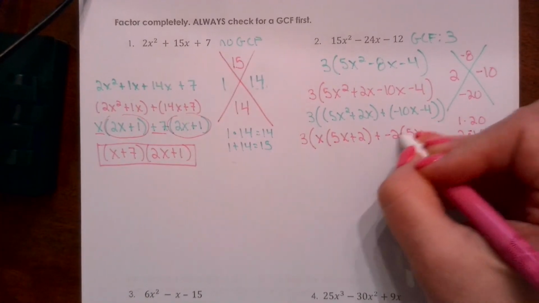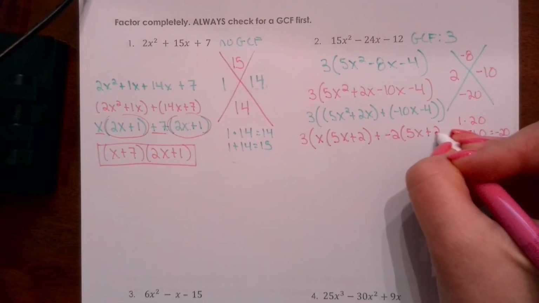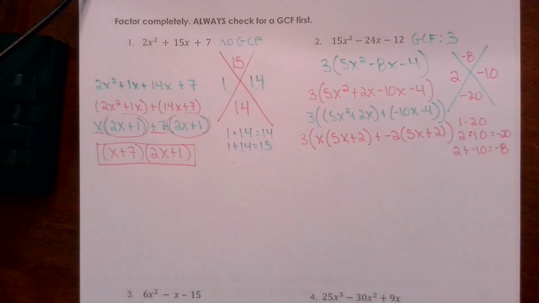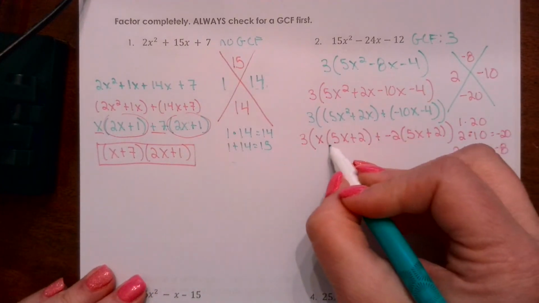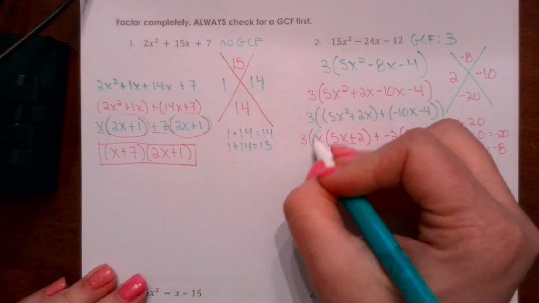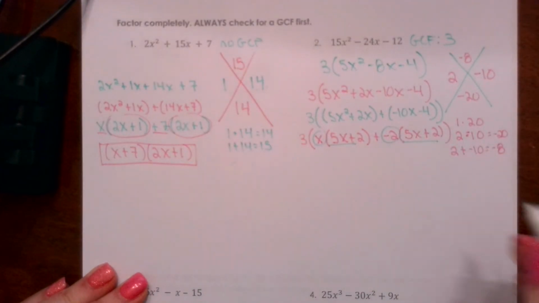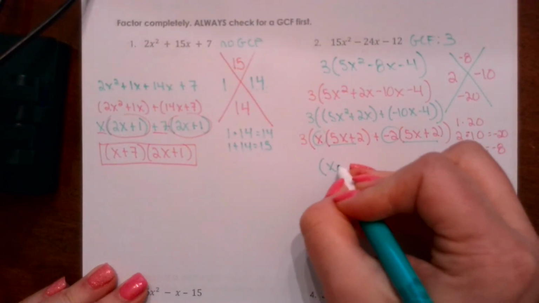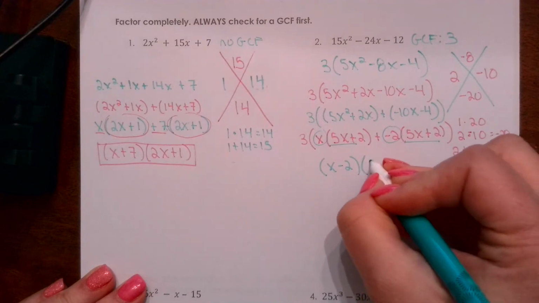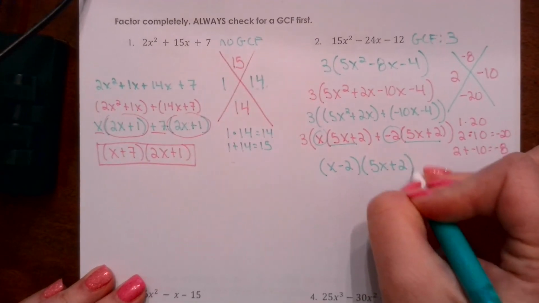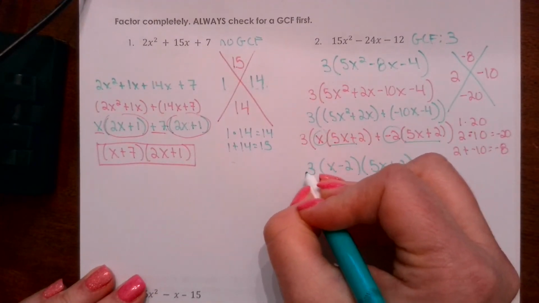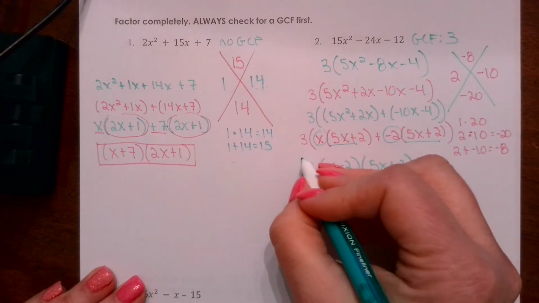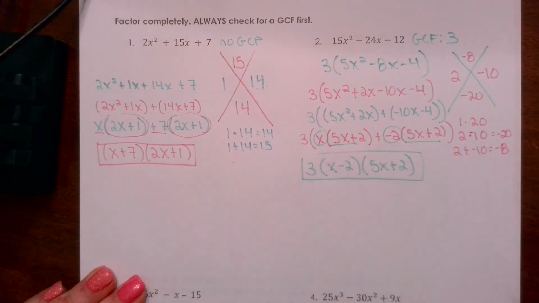Negative 4 divided by negative 2 is plus 2. And happily, I do have my common binomial, and I've got x minus 2 left. So I have x minus 2 times 5x plus 2, but do not forget the 3 that was pulled out in the beginning.